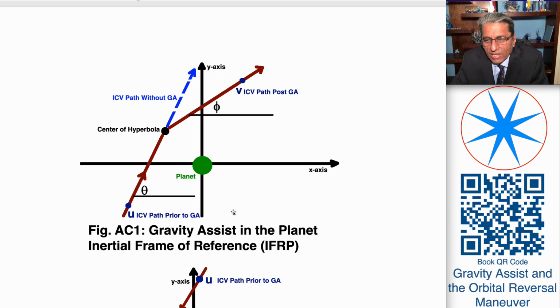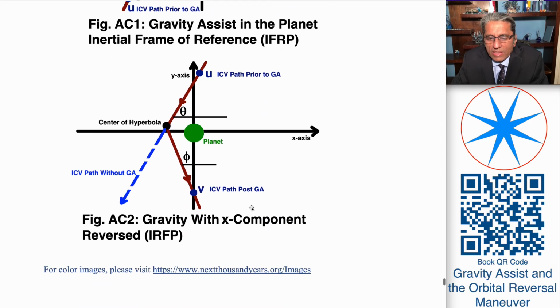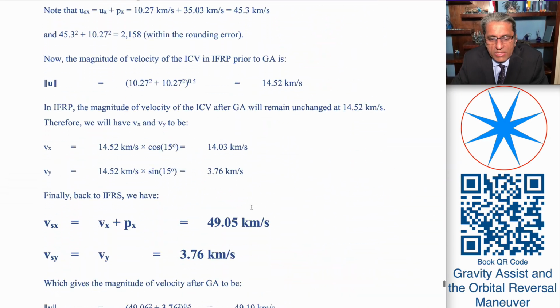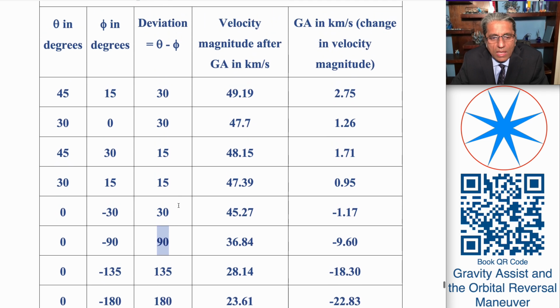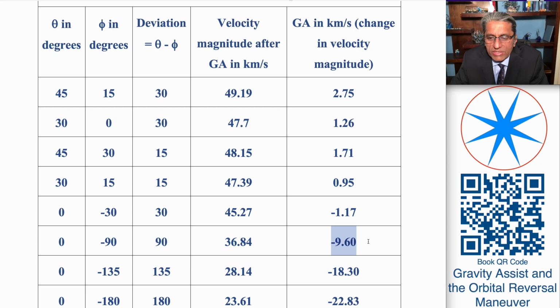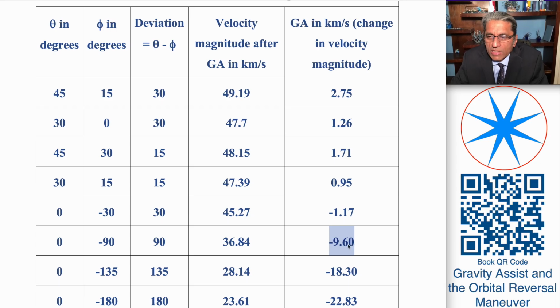It went down in the negative direction. And the deviation then was 90 degrees. And the gravity assist turns out to be minus 9.6 kilometers per second.